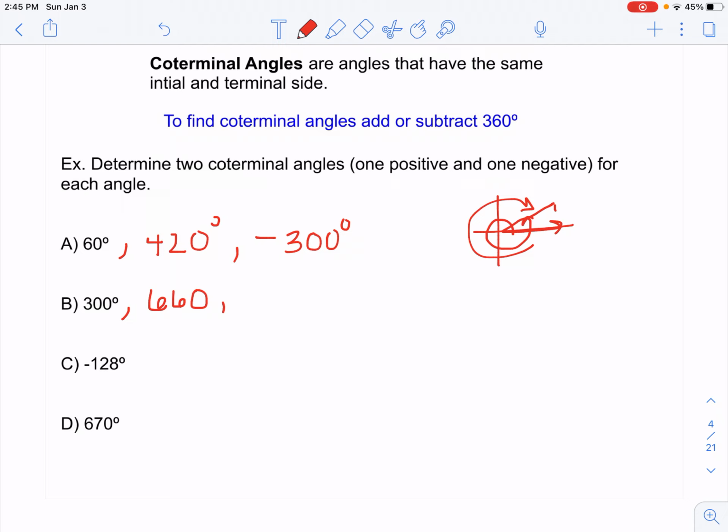Or if we subtract 360, we get negative 60. Same thing with negative 128. So we can do negative 128 plus 360. And if we want to get a negative angle, we can subtract 360.